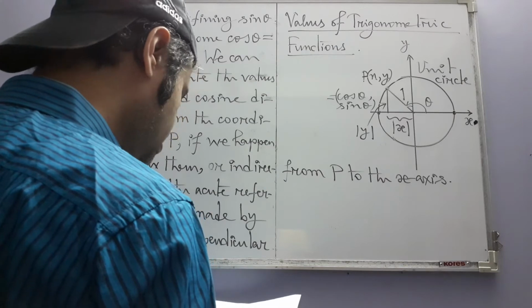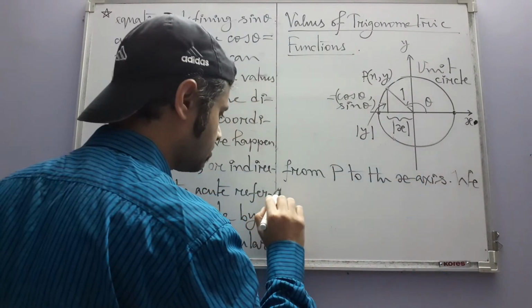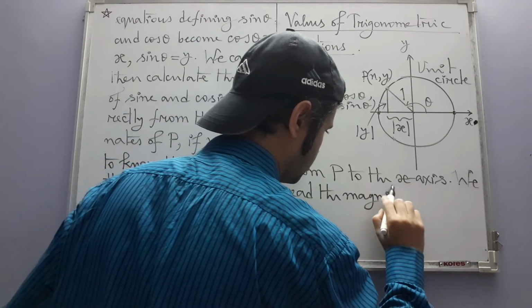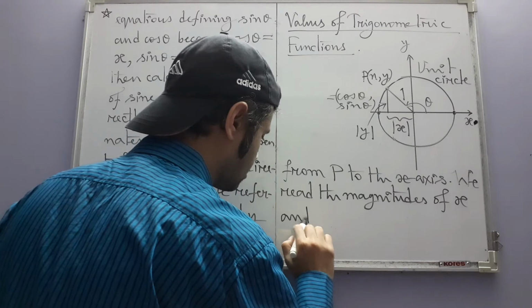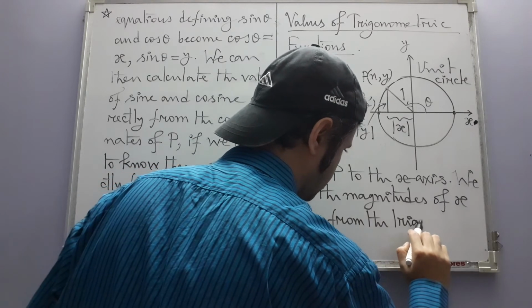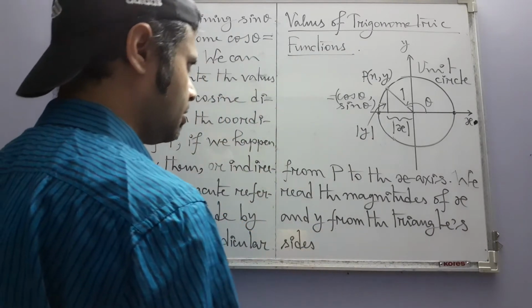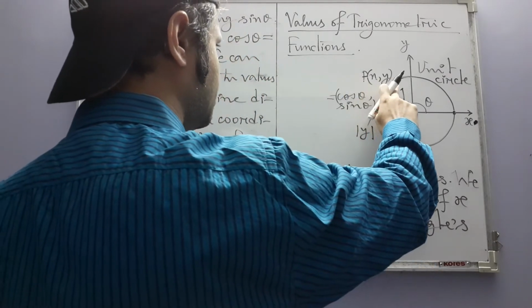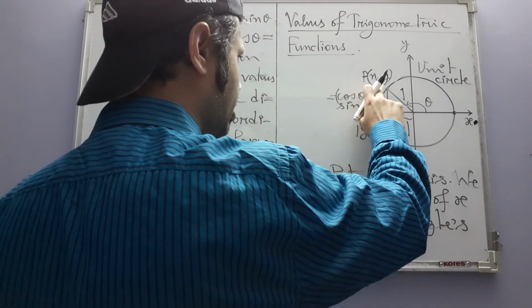We read the magnitudes of x and y from the triangle's sides, and the signs of x and y are of course given by the quadrant where this terminal ray lies, and hence where the point P lies.